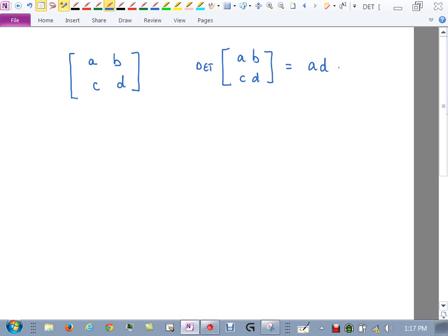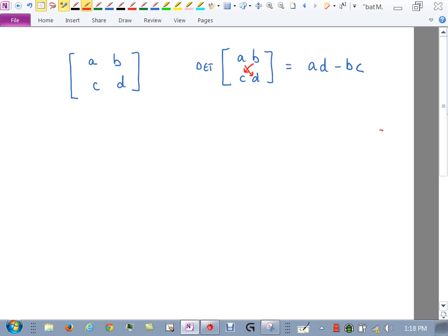A times d minus b times c. So for a 2 by 2 matrix, you're multiplying a times d across that way, and then you're subtracting from that going the other way, b times c. Do y'all see that? How many of you have done the determinant before? Okay. No questions? All right, so we need that in order to do a cross product, the second method.